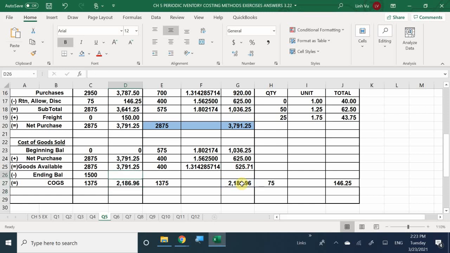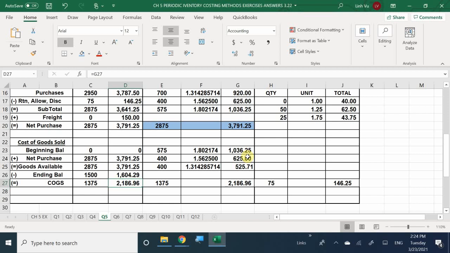So what's my ending balance now? $1,604.29. 1604.29. So you could compute that by taking the goods available and subtracting out your cost of goods sold.